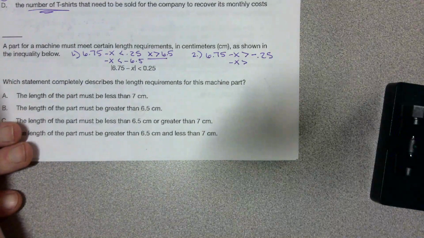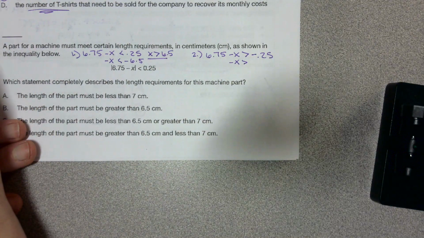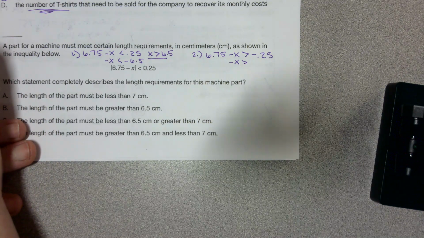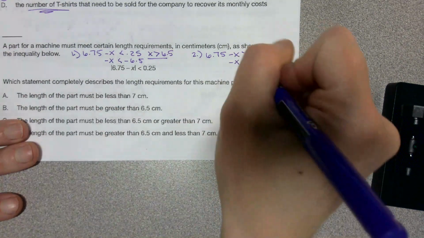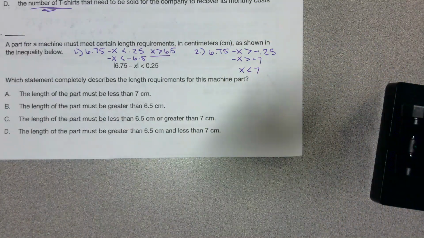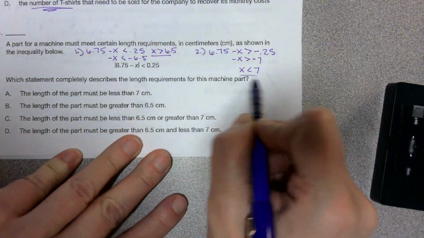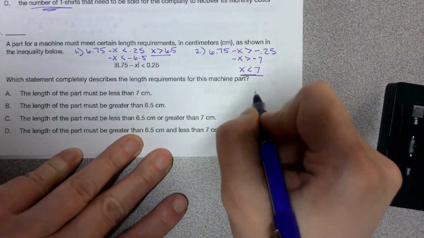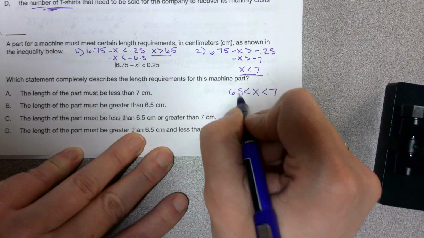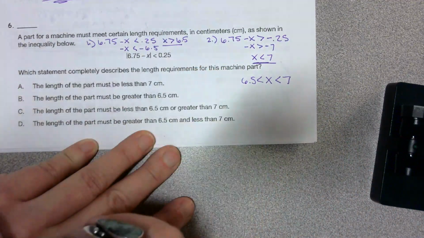I'm going to subtract 6.75. So 0.25 minus 6.75 is negative 7. When I divide, I flip. So I can be greater than 6.5, but I have to also be less than 7. So I can be less than 7, but I can also be greater than 6.5 to meet the requirements.